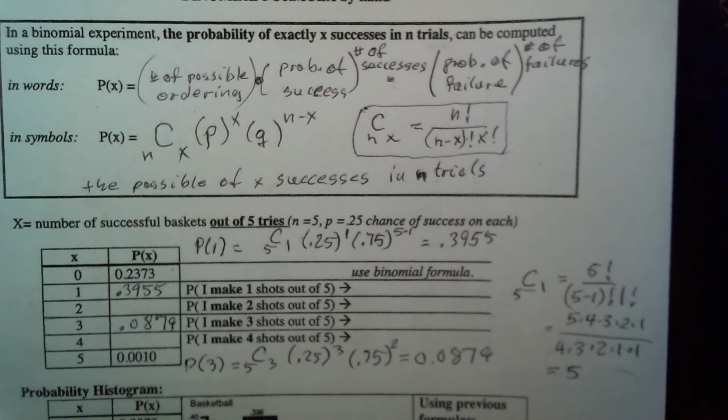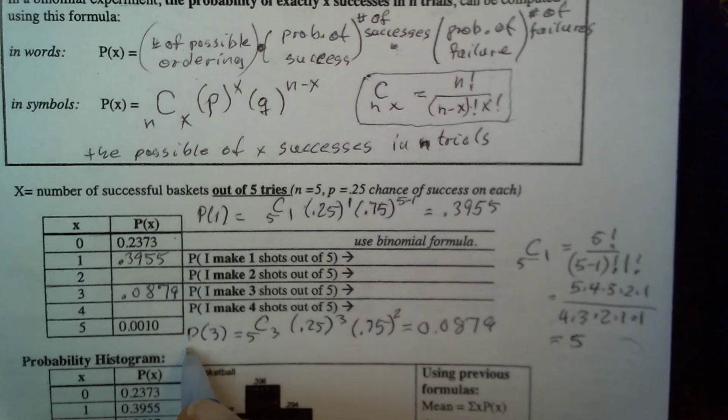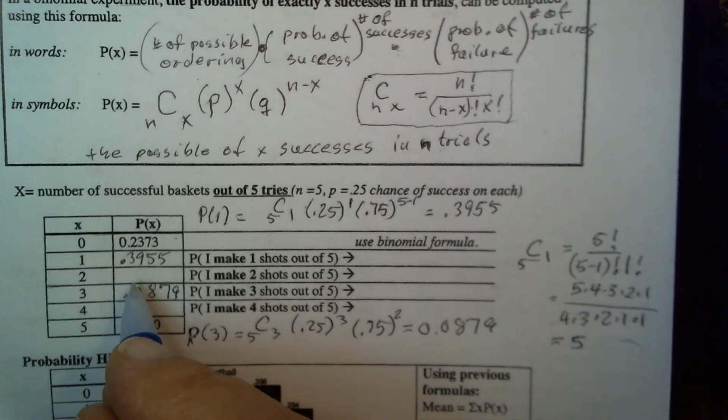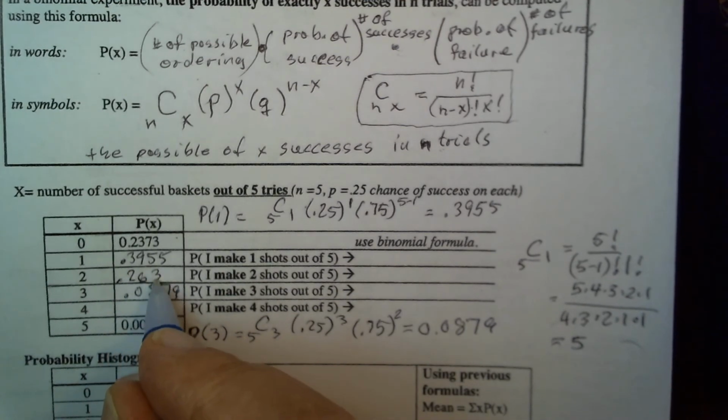I will fill in the numbers for you so that you know you're on the right track. When you do the same calculations for exactly 2 successes, you should get 0.2637.